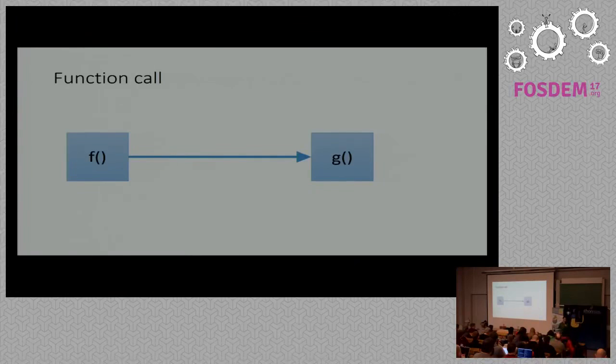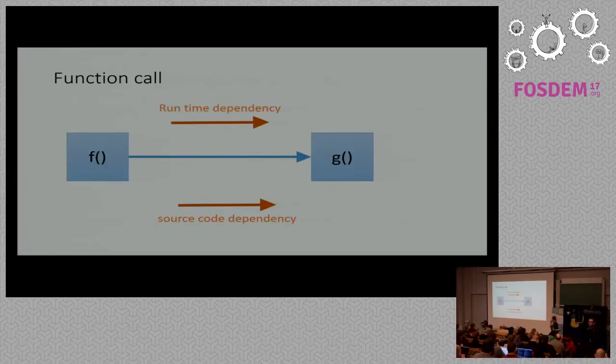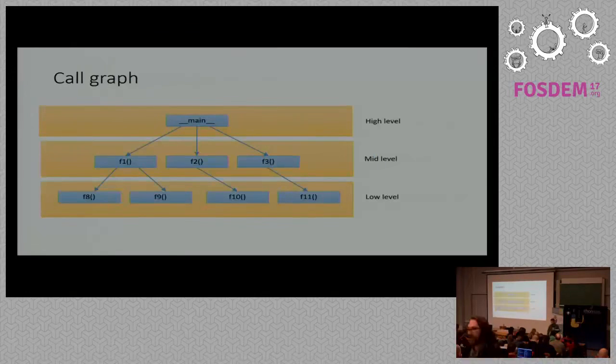The function f probably needs to have some import of the function g, otherwise you cannot call it. Or maybe it's in the same file, but at least in the source code there is a reference from the function f to the function g in order to call it. And that means actually that we have two arrows pointing in the same direction. There's a runtime dependency from left to right, but also a source code dependency from left to right.